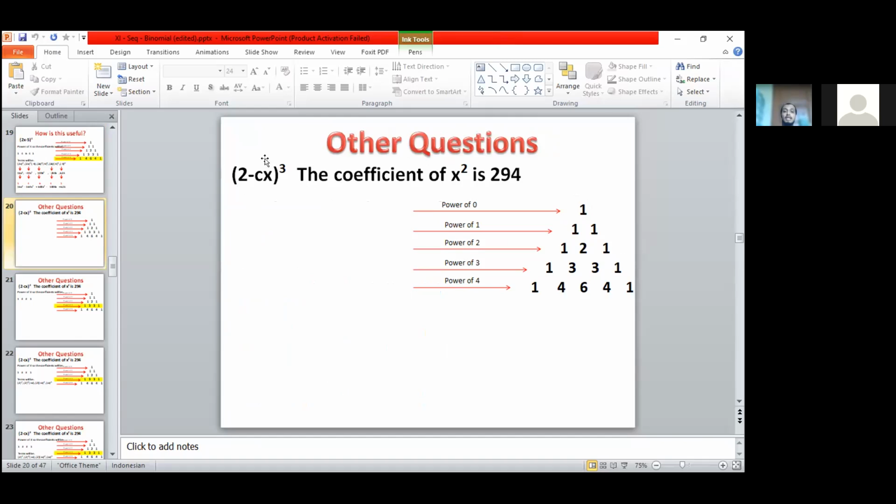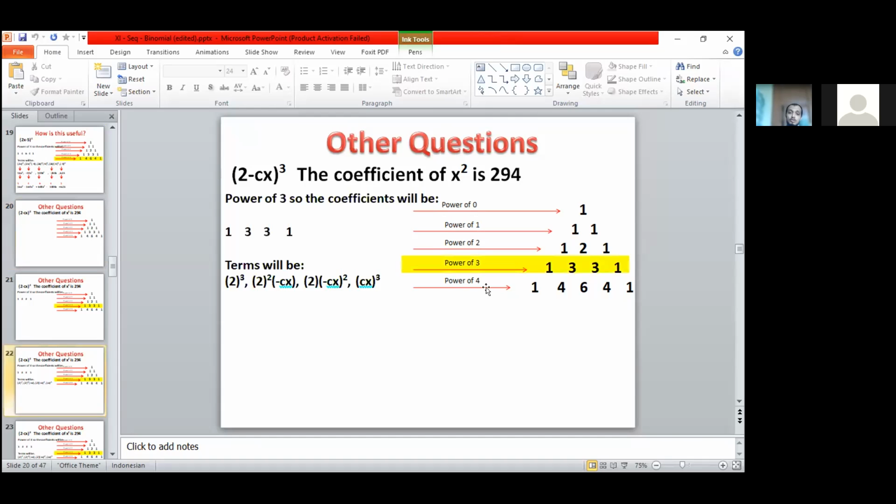You are given a binomial to the power of 3, and you are given that the coefficient of x squared is 294. Basically we do the same thing. We can expand the binomial, get the intended term, and then make an equation from that.